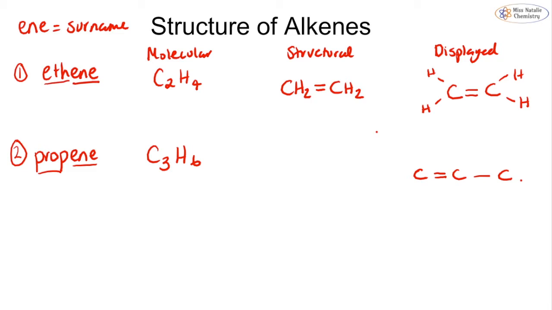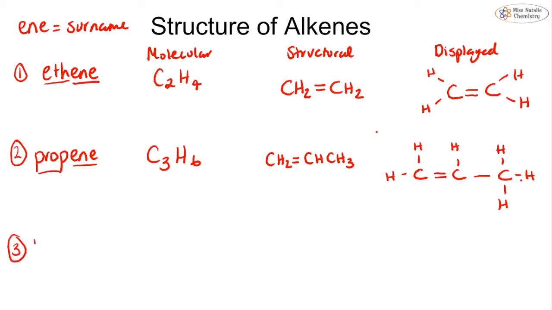And then again, I fill my hydrogens so that every single carbon has 4 bonds. So I need 2 on the first one, I only need 1 on the second, and then I need 3 hydrogens on the third. And again, for my structural, I break it down and I show my double bond. So I have CH2, the double bond, CH, and then CH3.